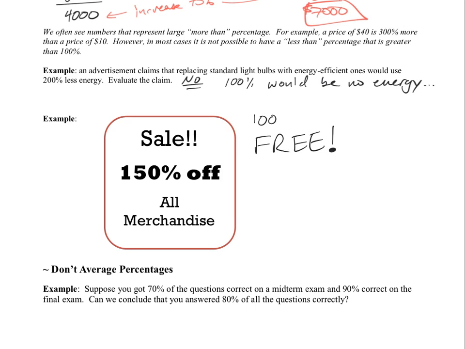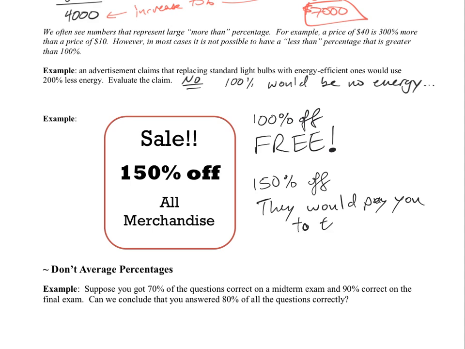Like 100% off would be free. 150% off means they would pay you to take it. And that's a pretty sweet deal for any consumer out there. So if you ever see this sign, take advantage.